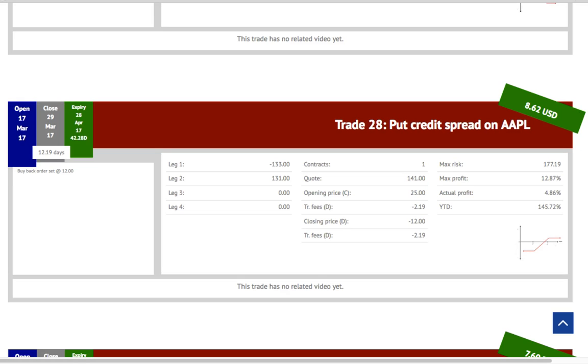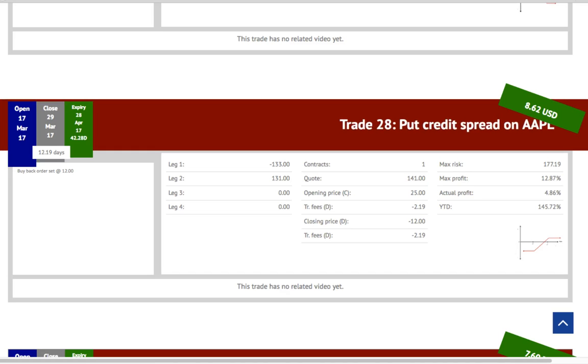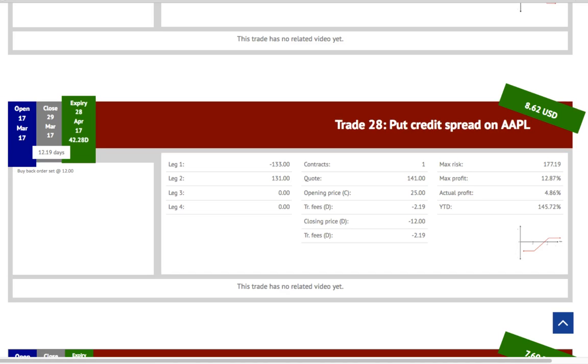So we did this by selling the 133 put option, one contract of the 133 put option on Apple, expiring on April 28, and bought as a hedge, in short, to cover our asses if the stock price goes beyond this price, 131.